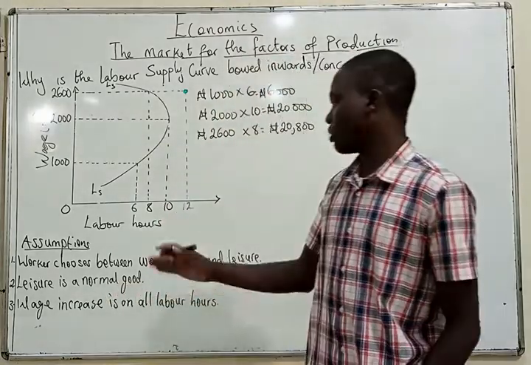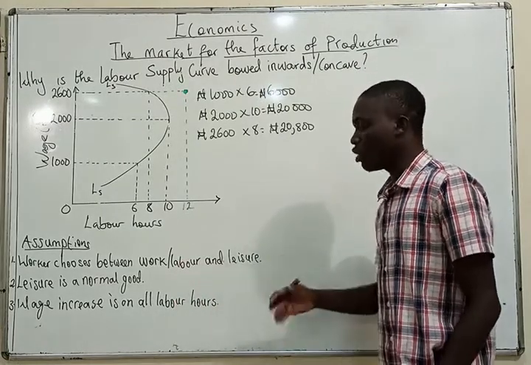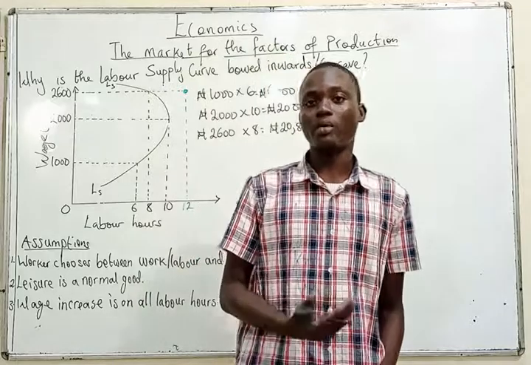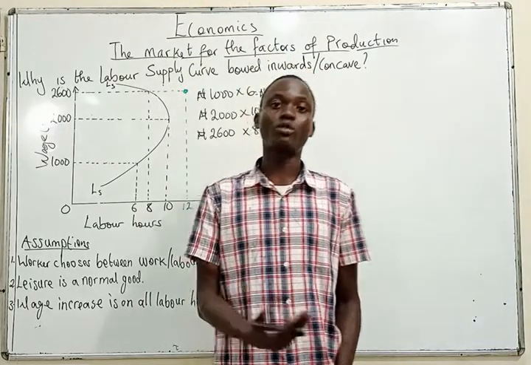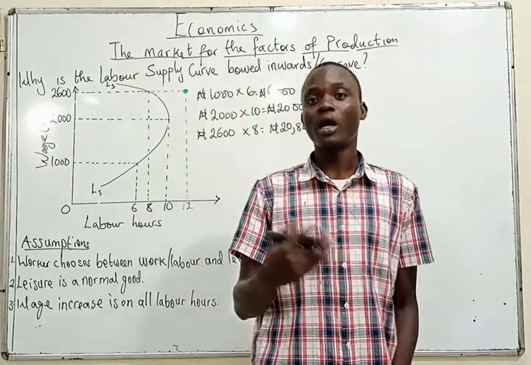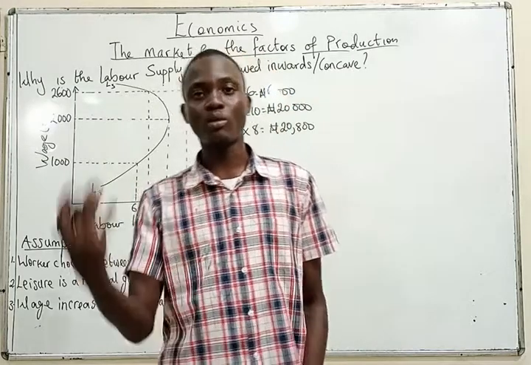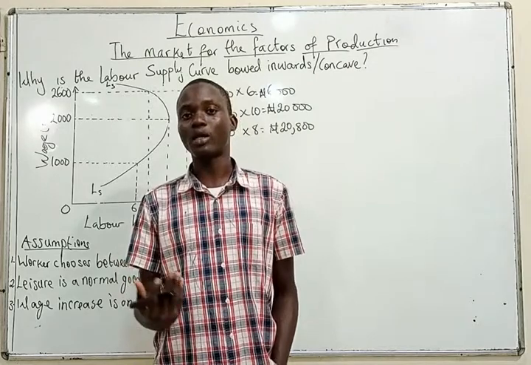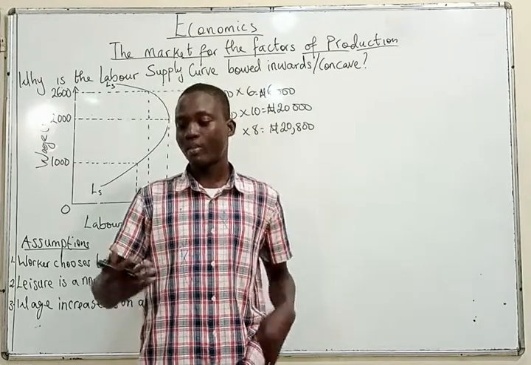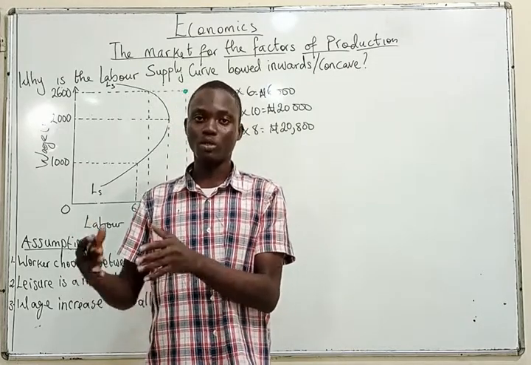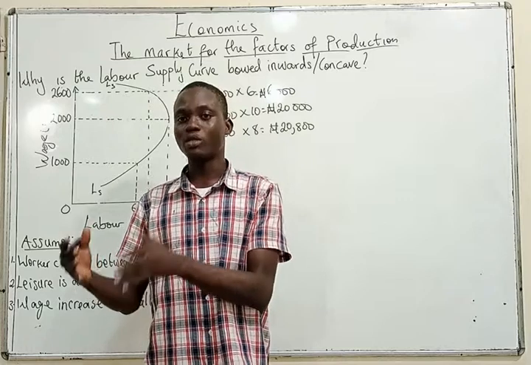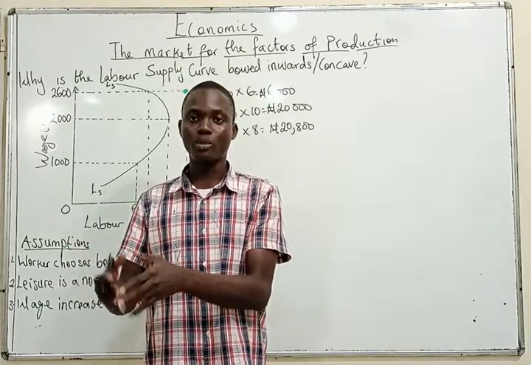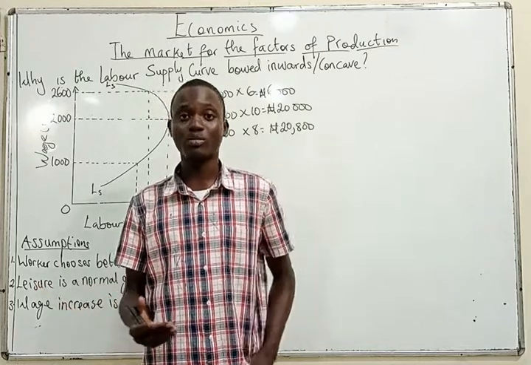Number 3, the wage increase is on all labor hours. When the firm's management told Betty that she had been promoted, and her wage rate per hour was no longer 1000 naira but now 2000 naira, that is to say that whatever hours she was supplying before, she is going to be collecting double on that number of labor hours, or any labor hour that she wants to supply now.